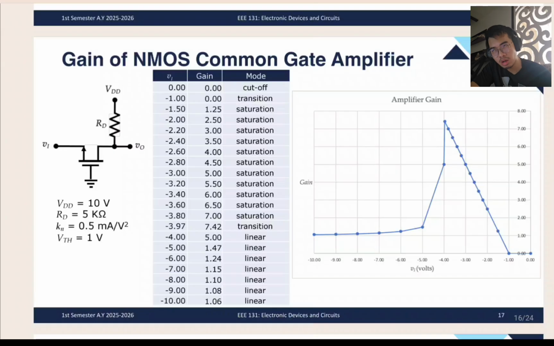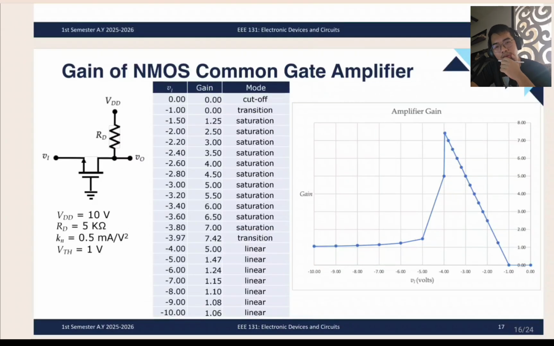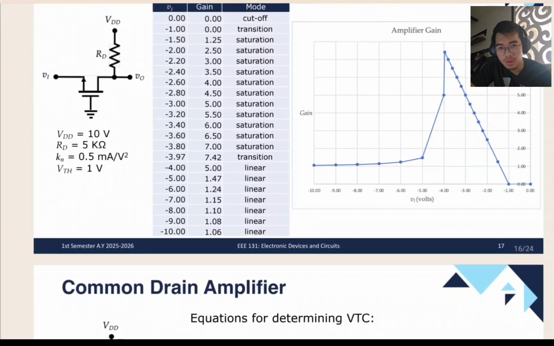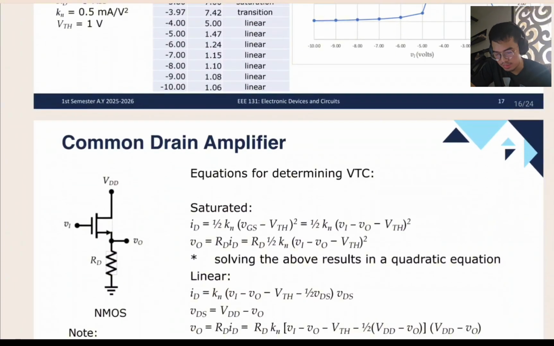The common gate is actually a current buffer, in a way that the current at your input remains the same as that of your output. So this is a current buffer amplifier, and it's also a good voltage amplifier.